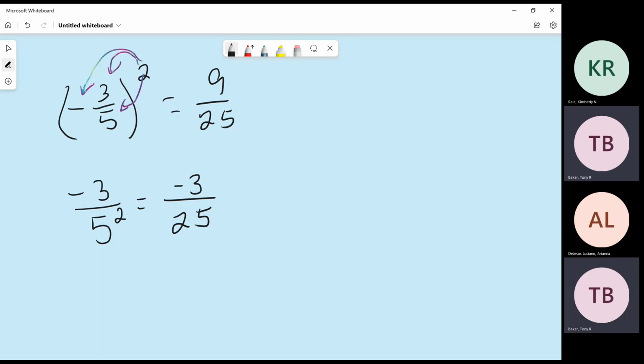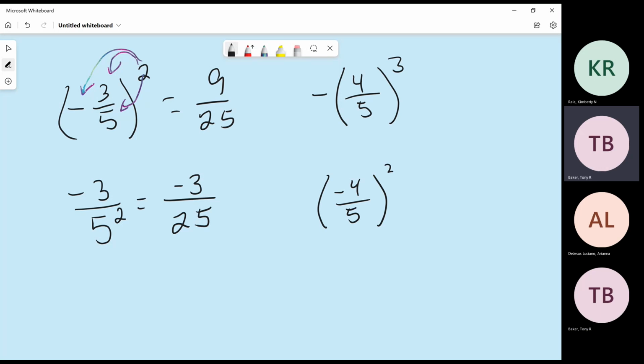Another one you'll see in this one is like this. Or like this. So now the first one, the negative sign's on the outside, right?